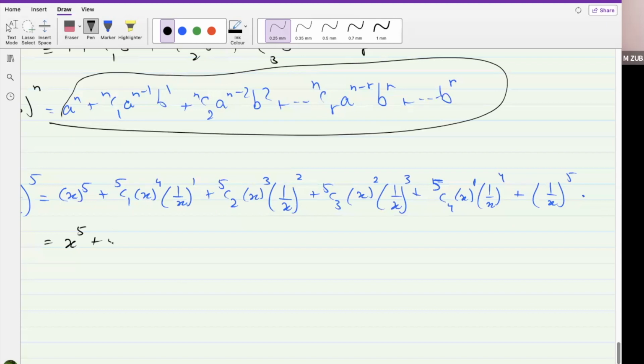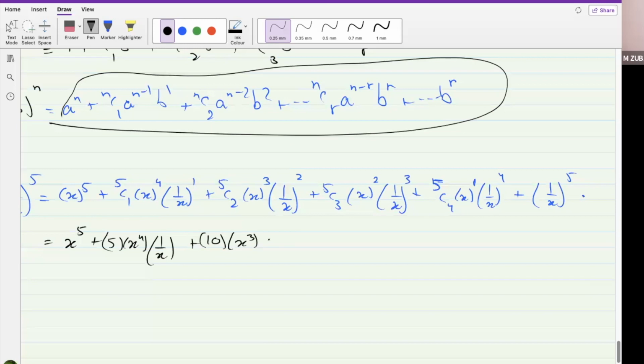Now I know 5c1 is 5. This is x to the 4 and that is 1 over x. Now I'm individually writing these, not going into direct answers, to avoid any mistake. Now 5c2, I have my calculator. 5c2 is 10. So I write 10. This is x cubed by x square.